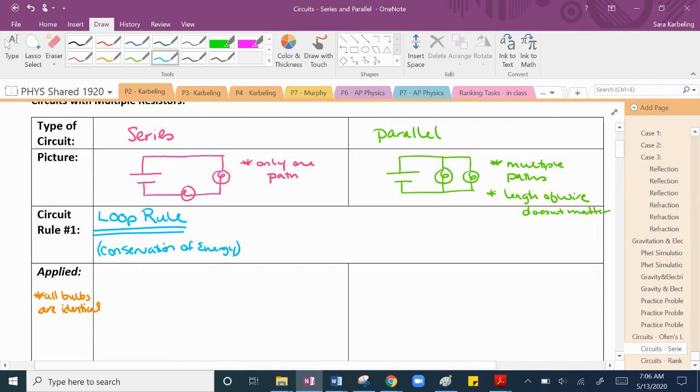Okay. The loop rule says that all of the energy that an electron has must be dissipated. By dissipated, I mean given off or lost, right, around one complete loop.